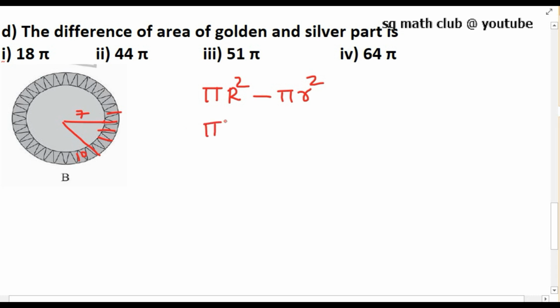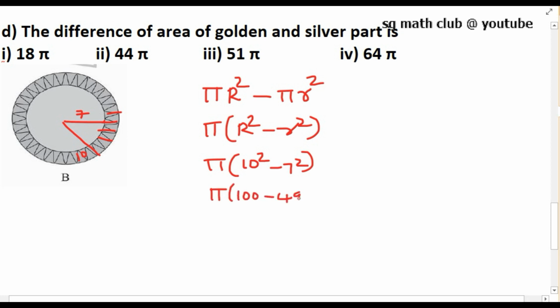Pi is common, we can take it outside, R square minus r square. So pi into 10 square minus 7 square, pi into 100 minus 49, which is equal to 51 pi. Here they have given the answer in pi only, so it is 51 pi.